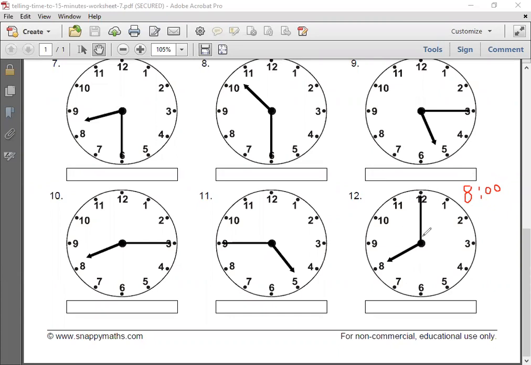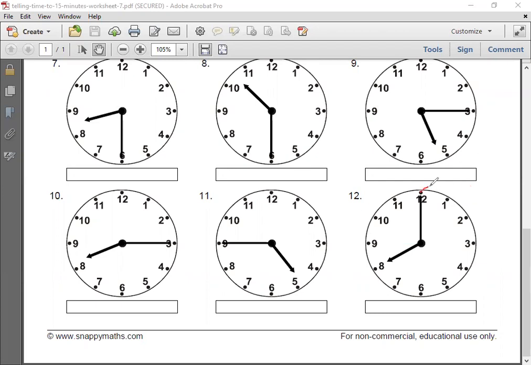So let's count. The time now is 8 o'clock. The minute hand will move until it gets to 9 o'clock. How? The 9 o'clock should be like this. The hour hand will move to be on 9. So the minute hand should move 60 minutes to be 9 o'clock.